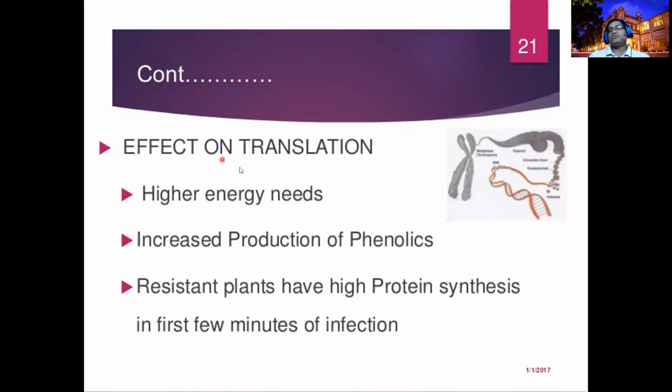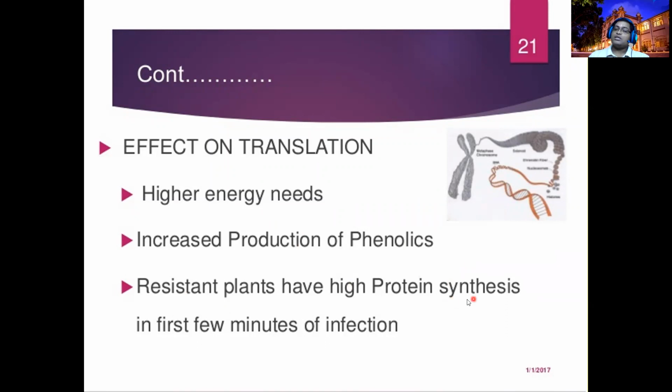There is also a high energy need for translation. If there is increased production of phenolics because of the pathogen attack, for the plant's defense, it produces more phenolics, and the production of more phenolics needs high energy. Right? So in resistant plants, protein synthesis increases.